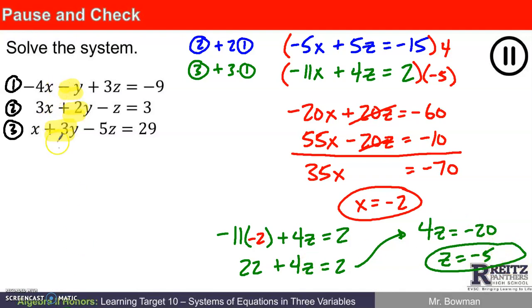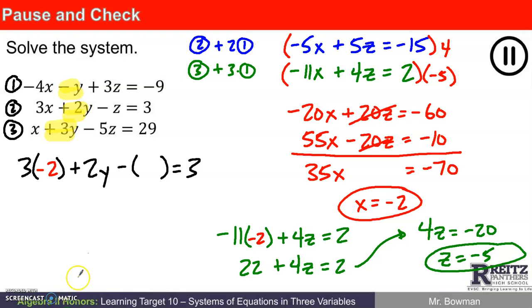And now I can find y. I can use any of these equations. Let's use the second one. 3 times x plus 2y minus z equals 3. But I know that x is negative 2.